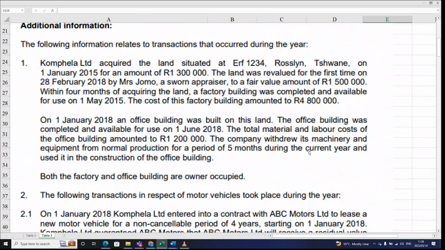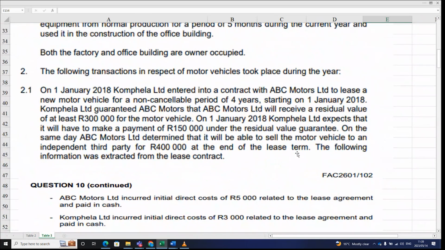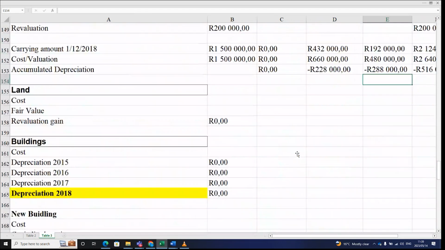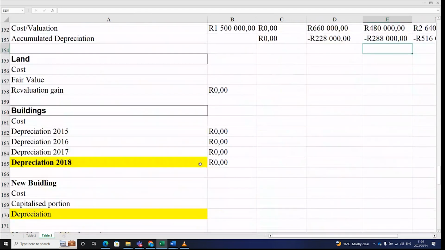So we need to work out the accumulated depreciation on that. They say buildings depreciate at 2% per annum. So the cost of the building, we've got that at 4.8 million.